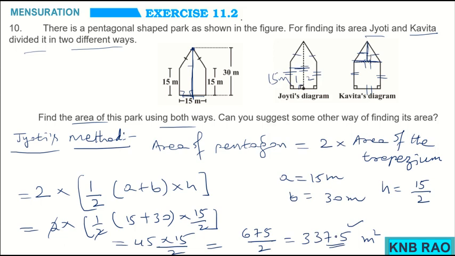If the length of this perpendicular is found, then 90% of our work gets over. So from here to here is 15, and if I drop like this, much is 15. So 30 minus 15, so this height is 15 meter.